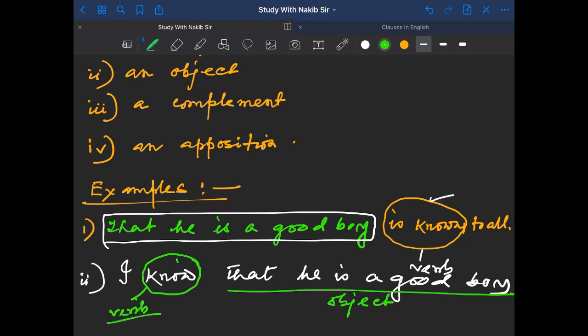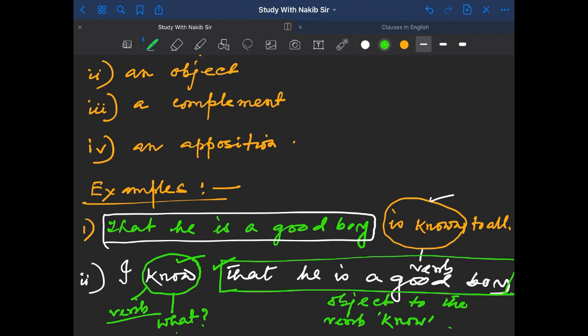If this verb is questioned with what you know, this sentence is the answer. So it is an object here. So the whole clause is the answer. It is a clause working as an object to the verb know.